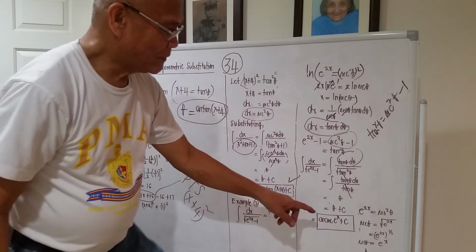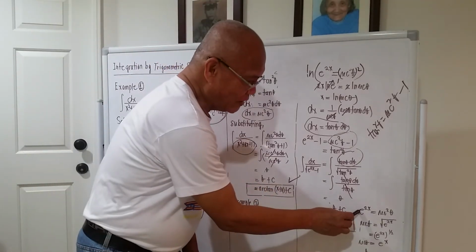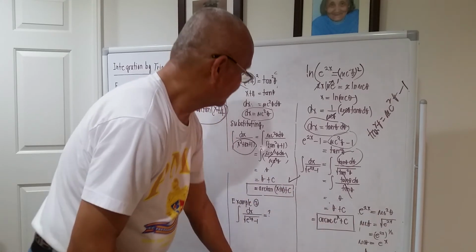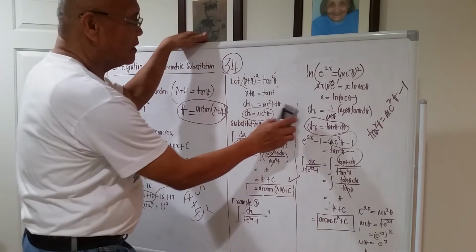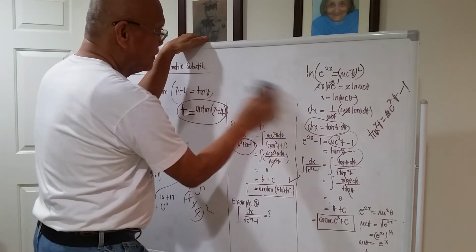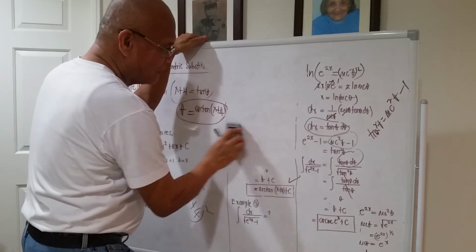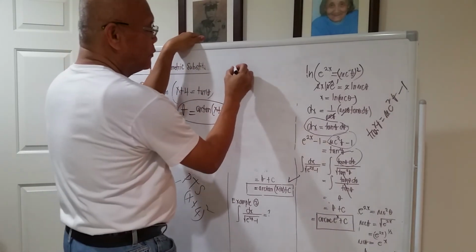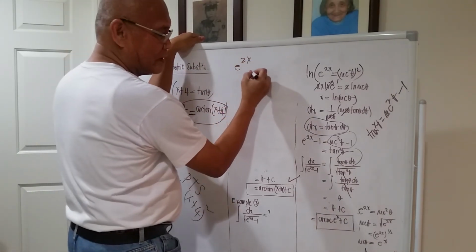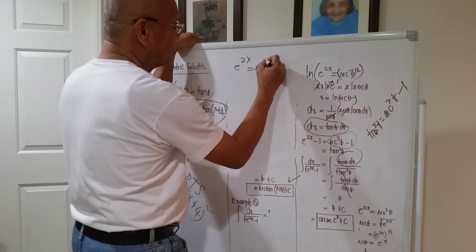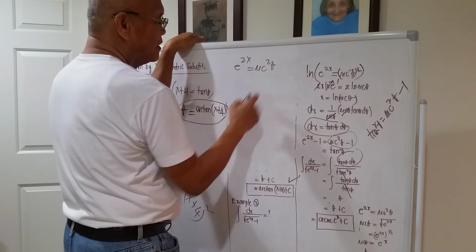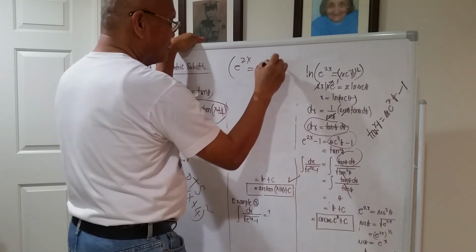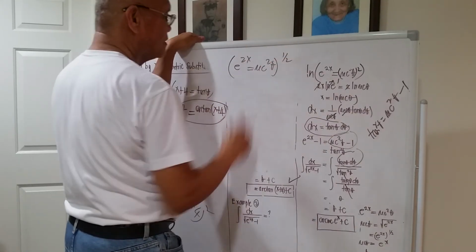How could we do that? We know that e to the 2x is secant square of theta, right? I will put it here. You might not see it, it's too low. We know that e to the 2x equals secant square of theta. We solve for theta, okay? So take the square root of both sides.